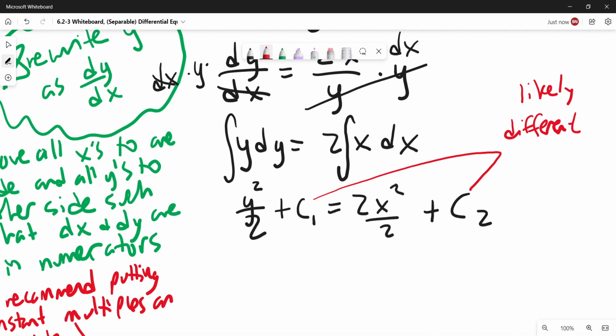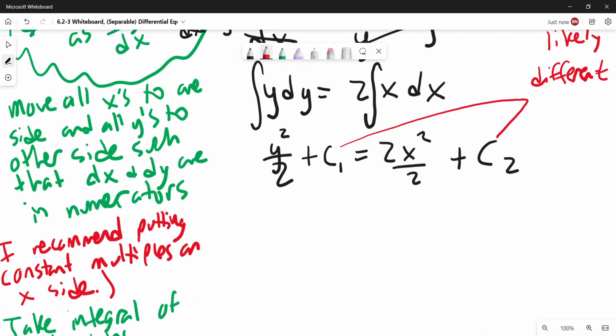Okay, but if you're going to have 2 different unknown constants, how about we just say that we subtract c1, right?